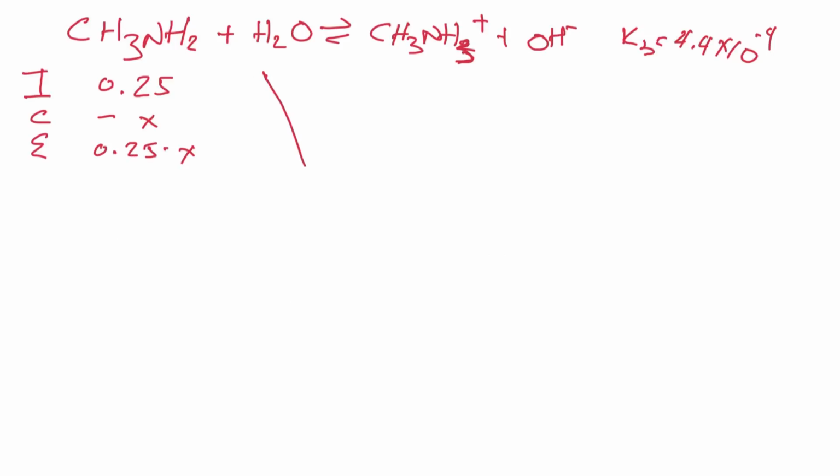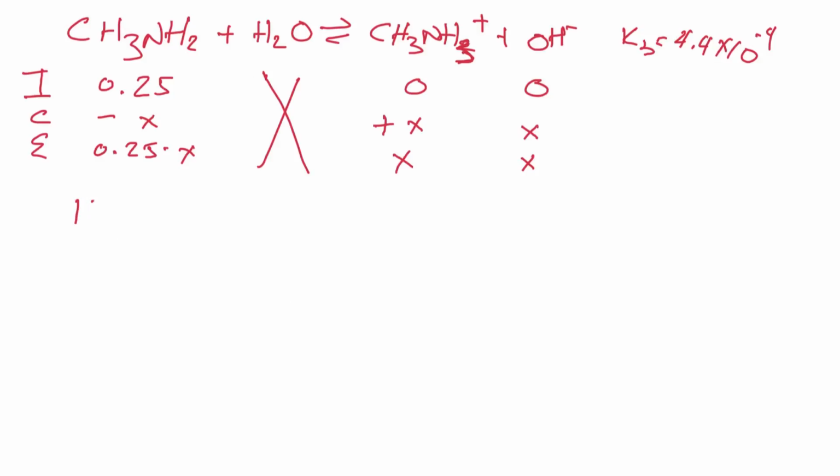The water I don't care about. The initial concentrations of the products are both 0, but they each go up by x, because of the 1 to 1 to 1 stoichiometry, so their equilibrium values are just x.